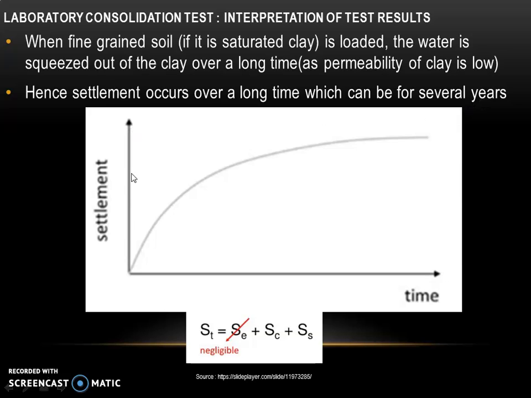When we look at the graph of settlement versus time, we can observe that settlement gradually increases and it will take maybe months or years. And when we look at the equation to find total settlement, we observe that the elastic settlement is negligible, whereas primary consolidation and secondary consolidation are significant.